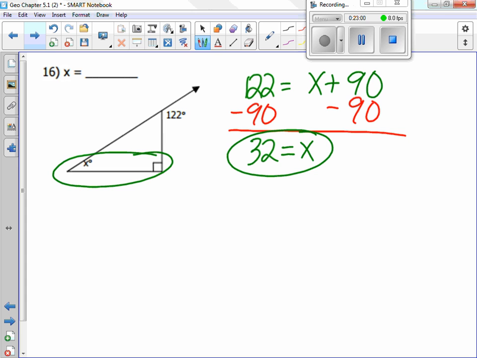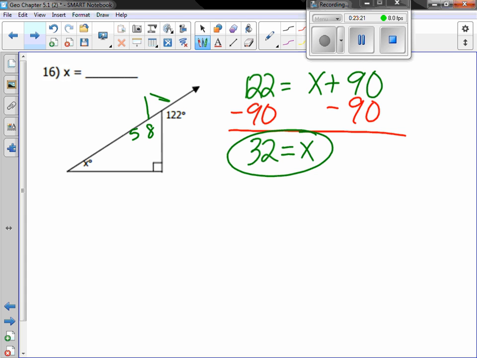Now, that's not the way that we have to solve this one. We could solve it differently. I do know that these two angles make a straight line, yes? So they add together to be 180. So this angle here is 58, because 180 minus 122 would be 58.